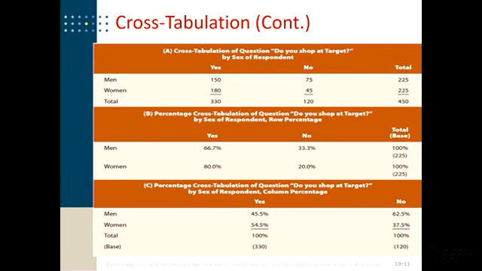So in this case, we are actually combining the responses: from the yes, how many are coming from male and how many are coming from female.